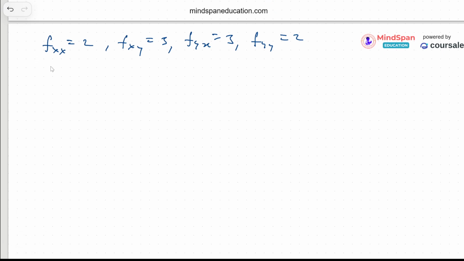Now, what you can observe here is that in most of the cases fxy will become fyx. They will be equal most of the time. This is called Clairaut's theorem. You might have heard this Clairaut theorem.